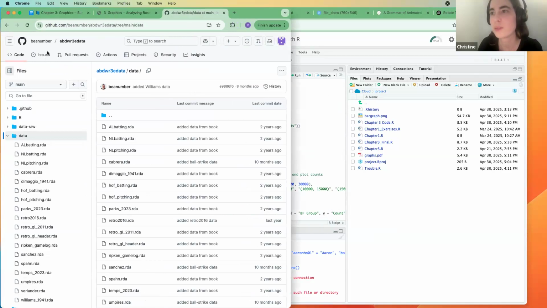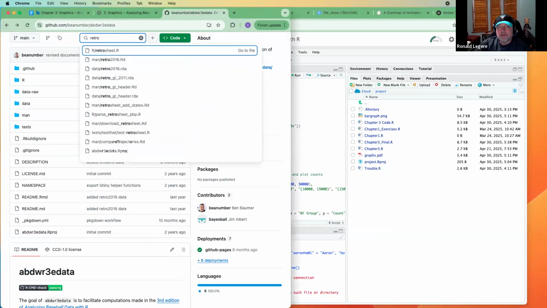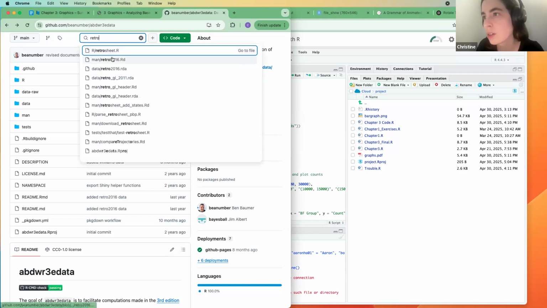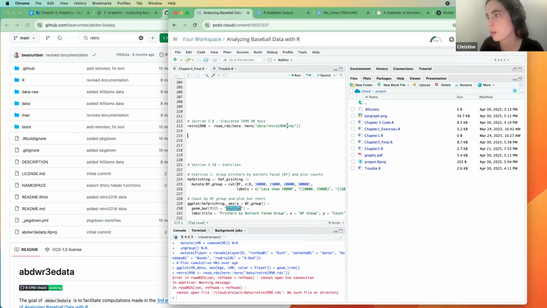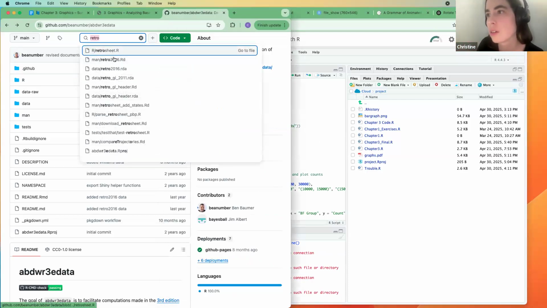Oh, maybe Retrosheet 2016 would give you the same thing, or is that completely different? Sure, let's give it a try and see if it loads. We'll rename it, and then we could explore that instead. I think you have to download it and stick it in your data directory. Oh yeah, let's try that.